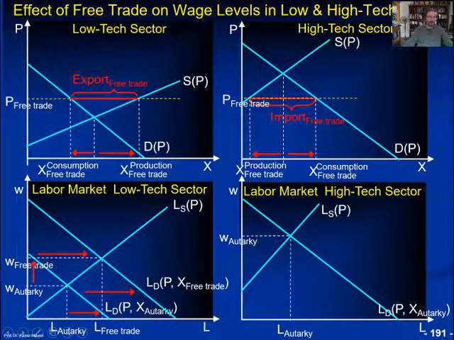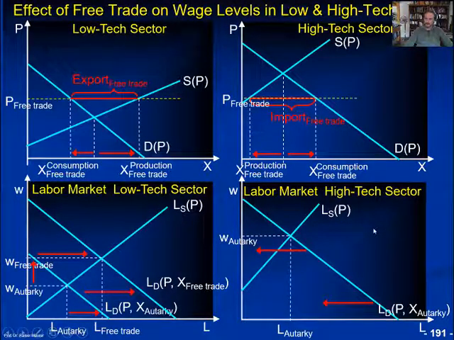This again has consequences for the labor market of high-skilled workers, the so-called high-tech sector labor market. The decreased domestic production of high-tech goods causes a lower demand for high-skilled workers.